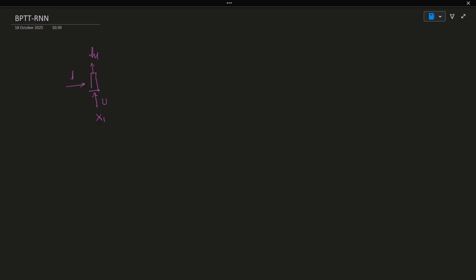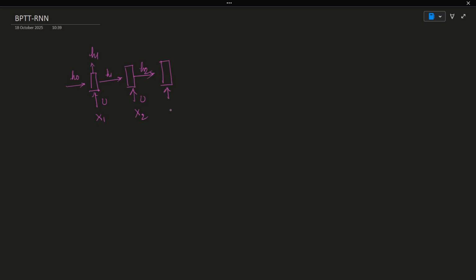We know that we have a feedback connection because it is an RNN, and here we have h1. We are sending another word x2 when time is equal to 2, and h2 is sent here.